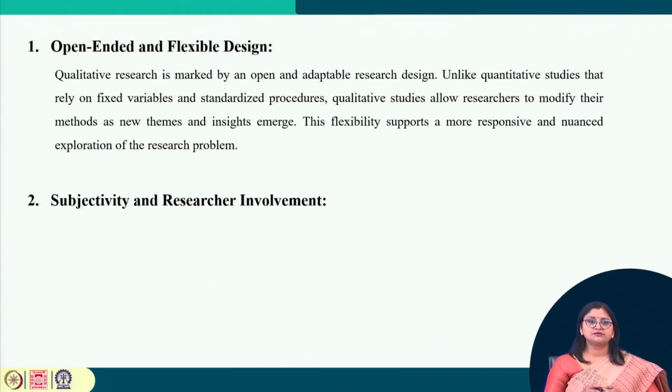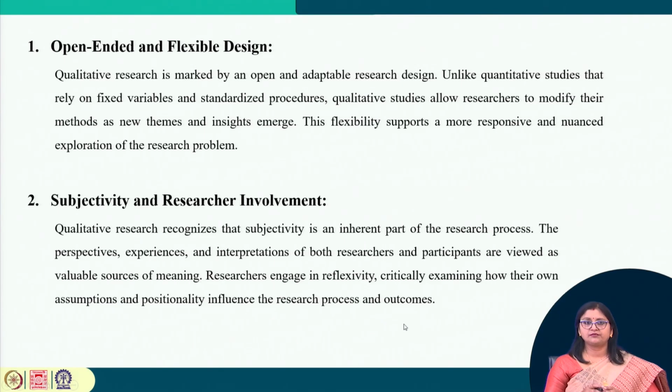The second is subjectivity and the researcher's involvement. This is one of the main characteristics of qualitative research, where it recognizes subjectivity as an inherent part of the research process. Whose subjectivity? Maybe the subjectivity of the researchers or the respondents.